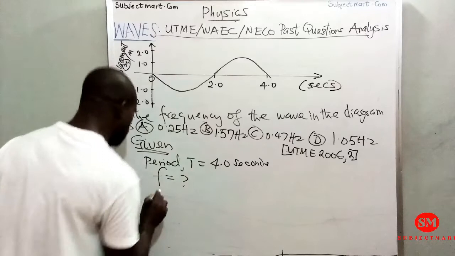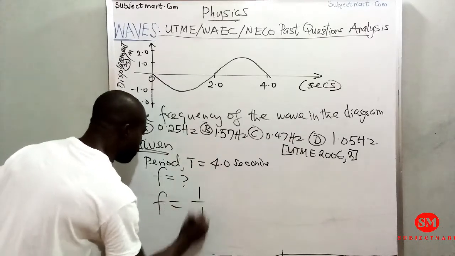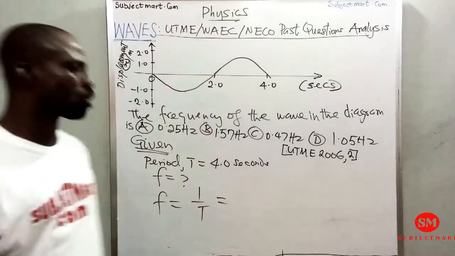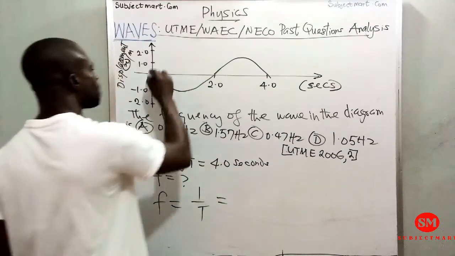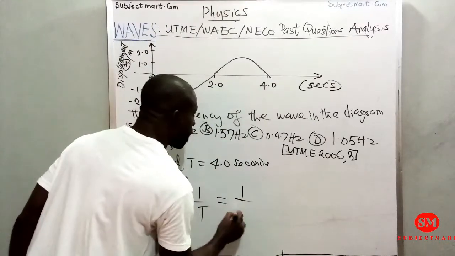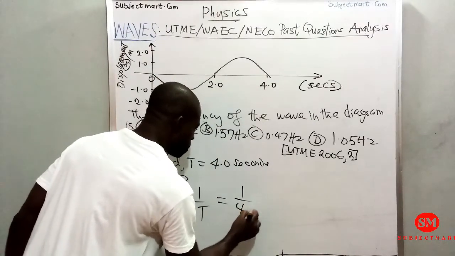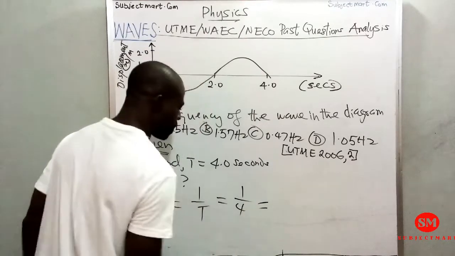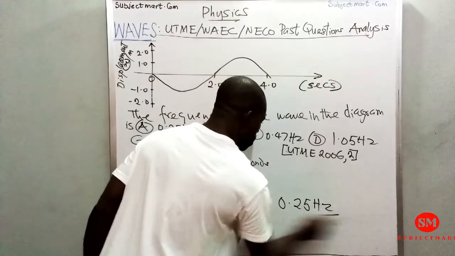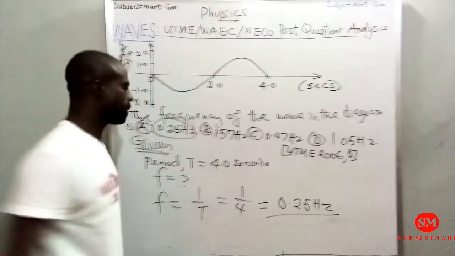The formula for frequency is 1 over period, and period is the time taken for one oscillation. For the diagram, the time taken is 4 seconds. So we have 1 over 4 seconds, and that gives us 0.25 hertz. So the option here is A.